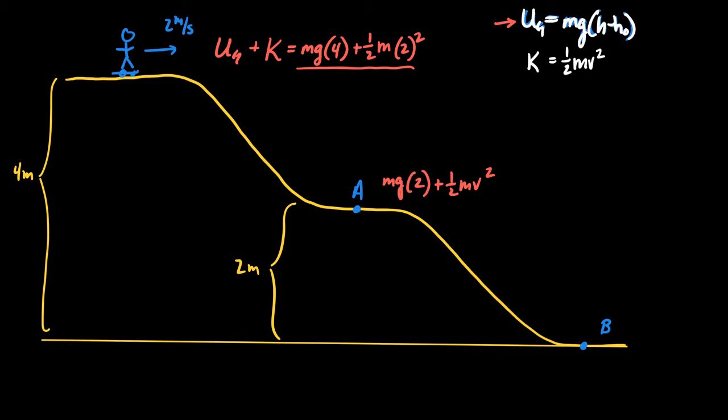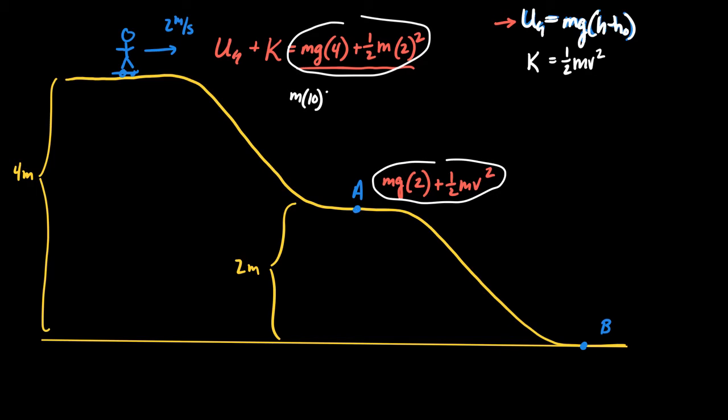Well, the energy at A has to be equal to the energy at the start. I need to set these two things equal to each other. So m times 10 times 4 plus 1/2 m times 2 squared equals m times 10 times 2 plus 1/2 times m times v squared.